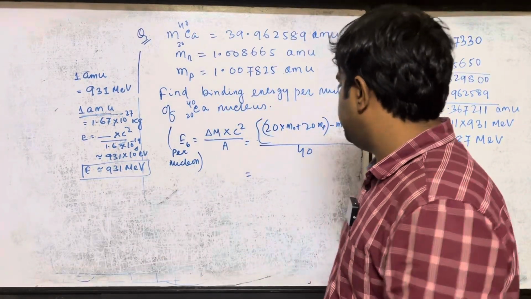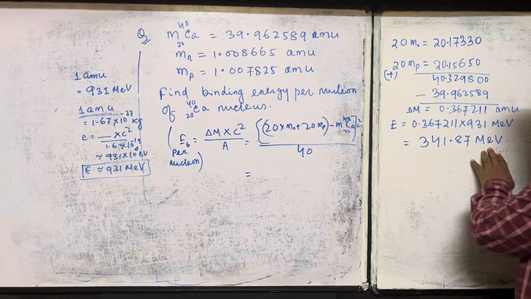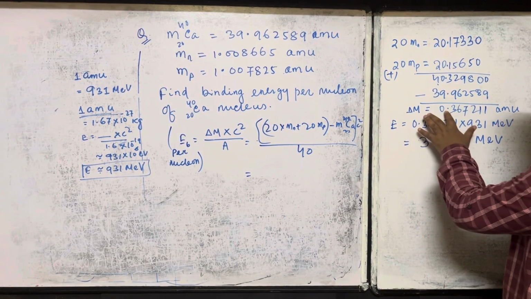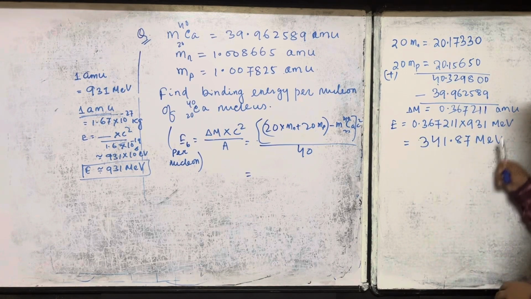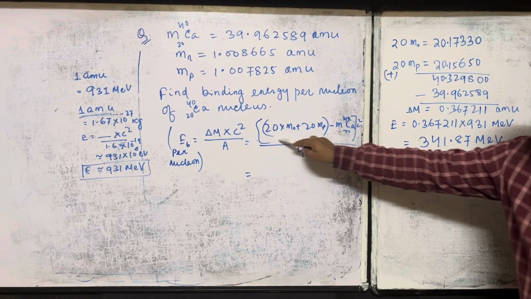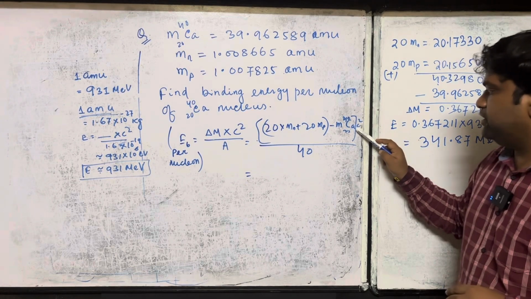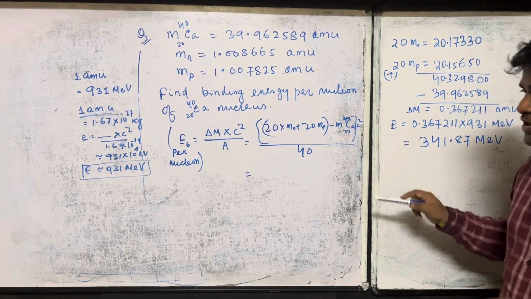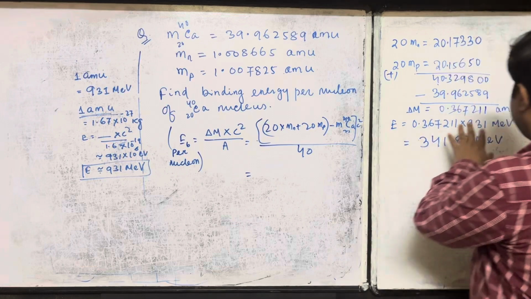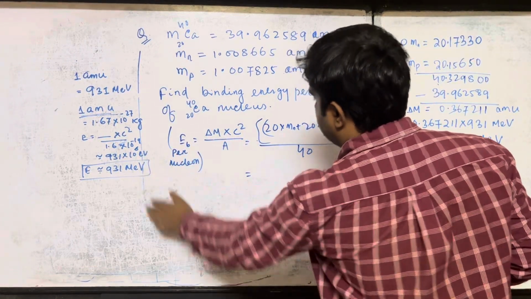So we are getting 341.87 MeV. We are getting this mass defect in AMU, right? This numerator is the mass defect, and this mass defect we are multiplying with c square. Then 1 AMU we can convert using this conversion, 931.